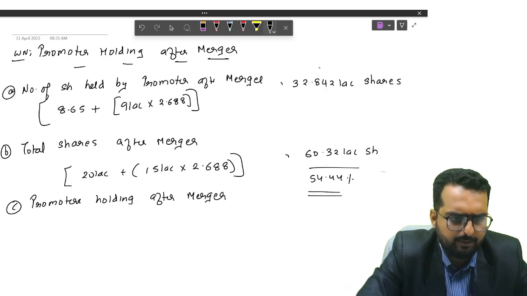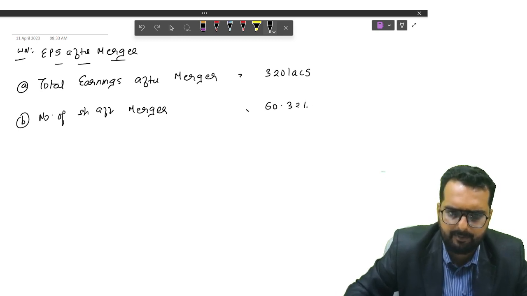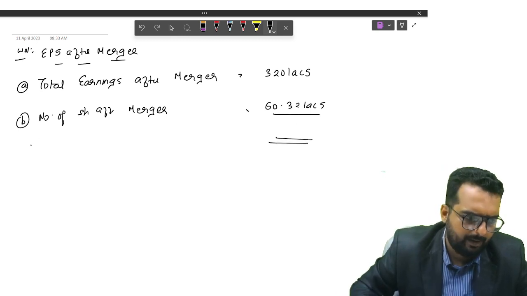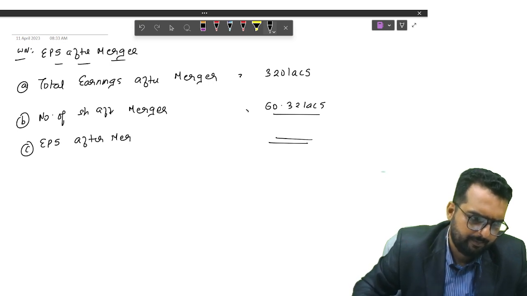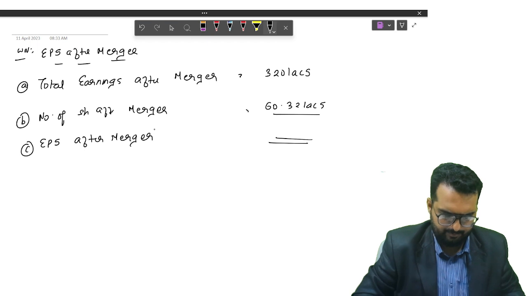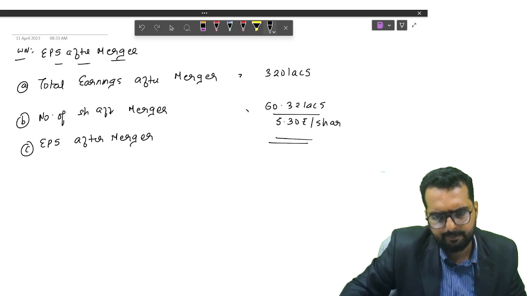Okay, and what is the number of shares after merger? 60.32 lakhs. Therefore, you tell me, what is going to be your EPS after merger?